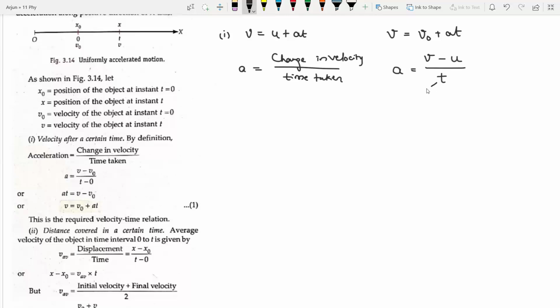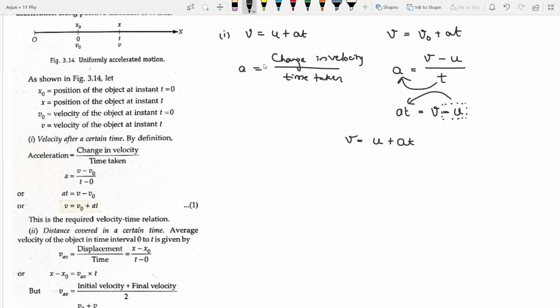Now t is dividing on this side, so if it goes to that side, it will multiply. at is nothing but v minus u. Now you see this u has a negative sign. If it goes to that side, it will have a positive sign. So at is v minus u; if u goes to that side it becomes plus u. So u plus at is nothing but v.